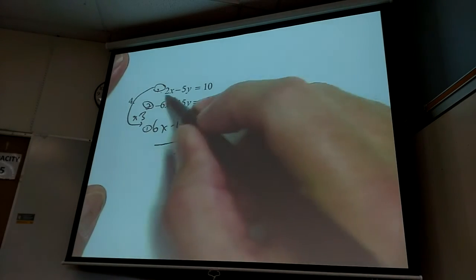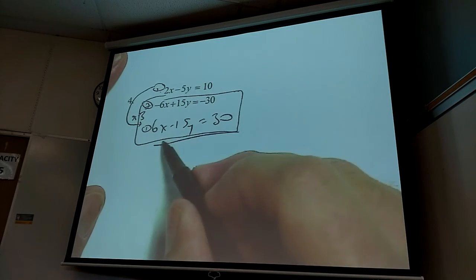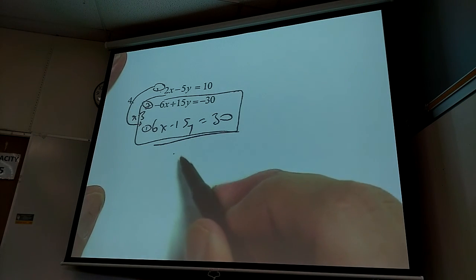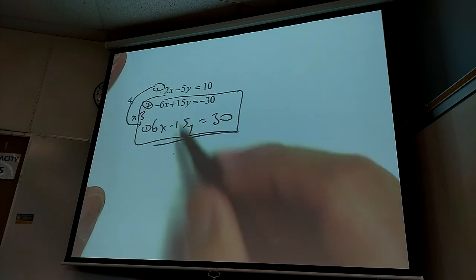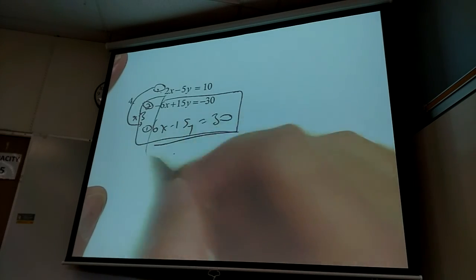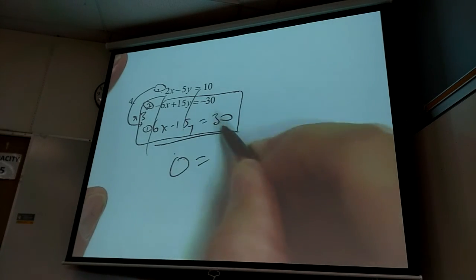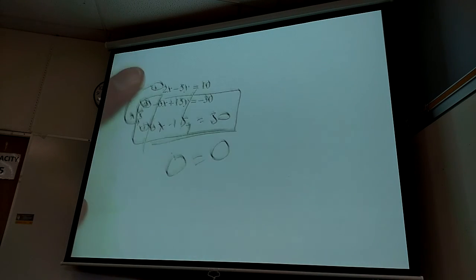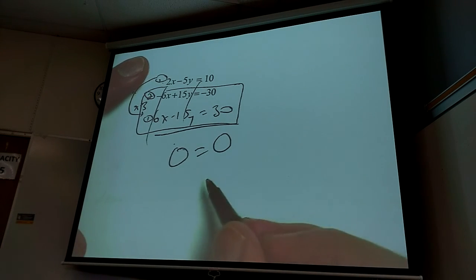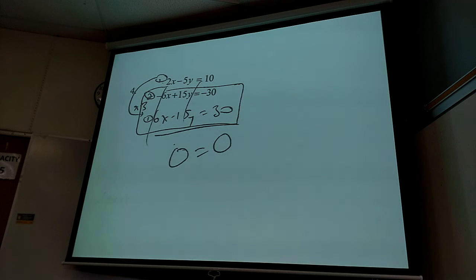A little bit. 0. Yeah, I get 0, right? Well, that cancels. 0 equals 0. What does that mean? You don't circle that thing. Now be really careful. It's the same line. It's the same line, which means what's the solutions? Infinite.